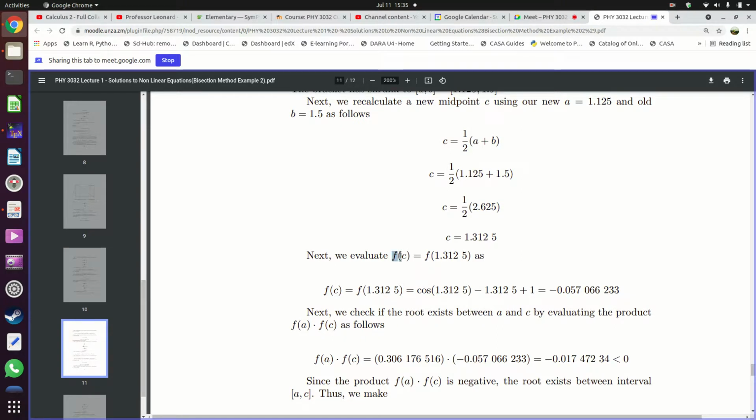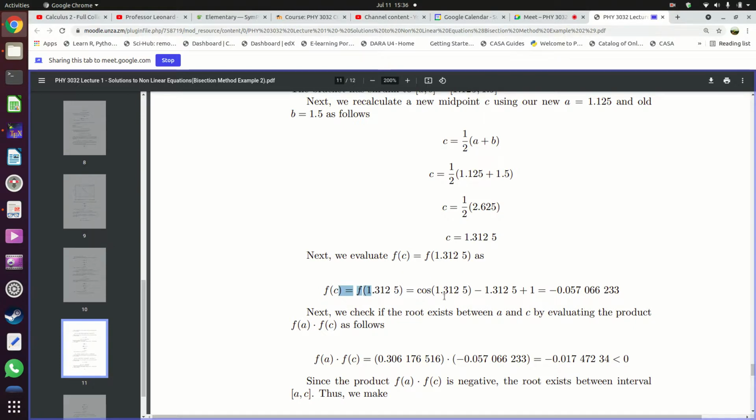With C becoming our new midpoint, the next thing we do is find out what the value of our function is at the midpoint. Is it positive or negative? So that we can judge if our function has already crossed the x-axis or not. So in this case, f of C is going to be equal to f of 1.3125, and this is the evaluation of that particular function.